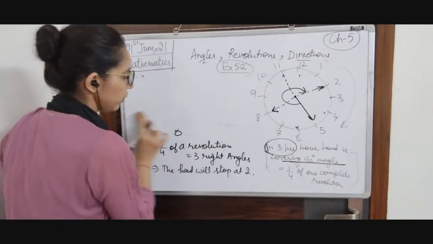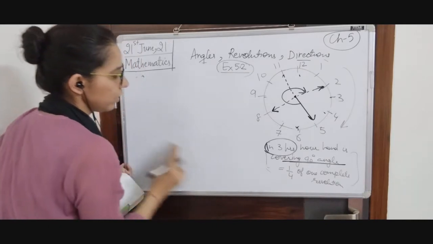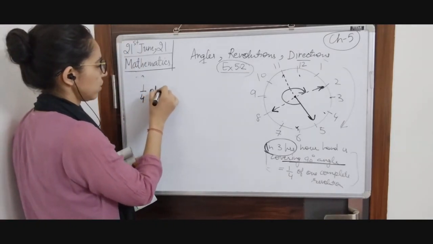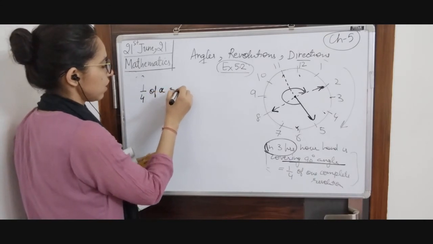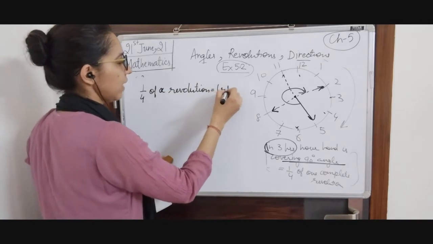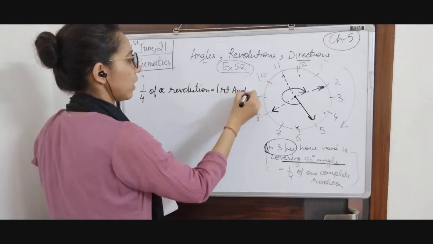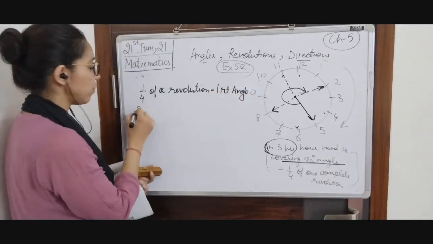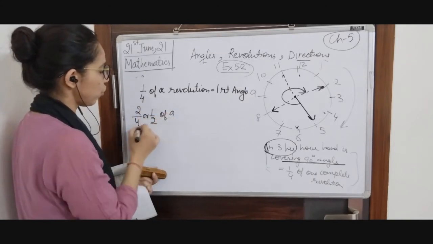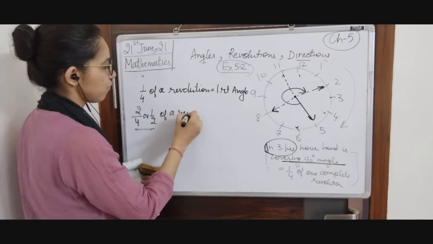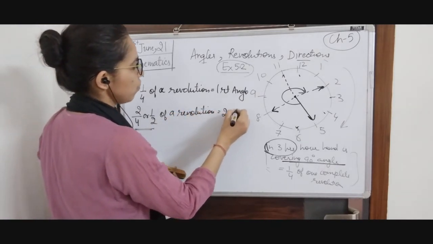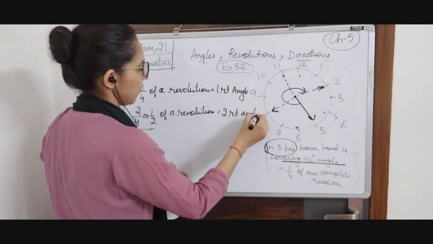Now I am going to recap, or you can in fact take note. 1/4 of a revolution will be equal to one right angle. Then 2/4 or 1/2 of a revolution, both mean the same thing, means we are talking about 2 right angles.